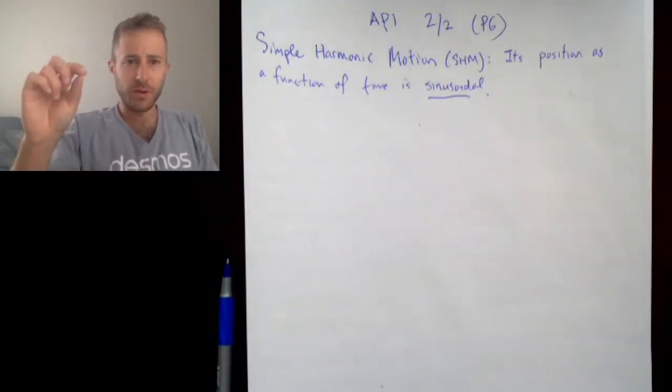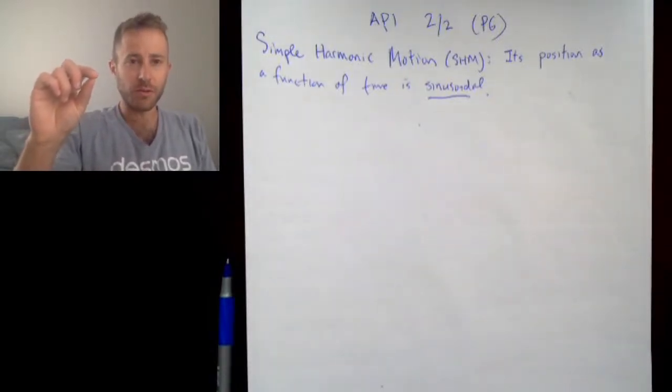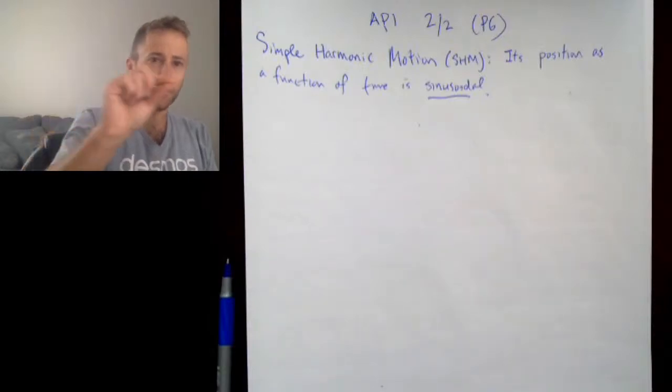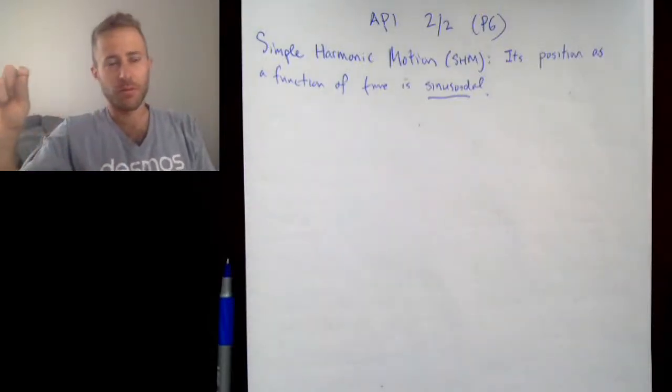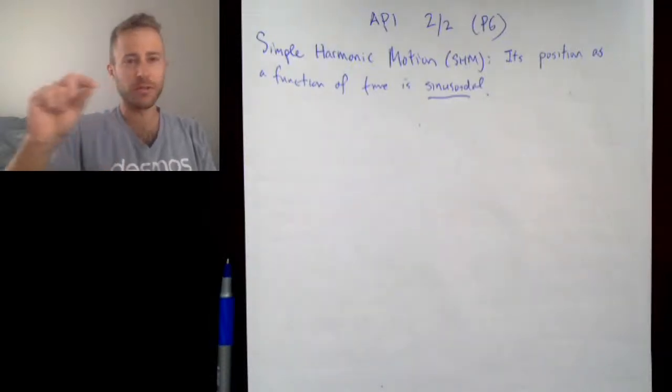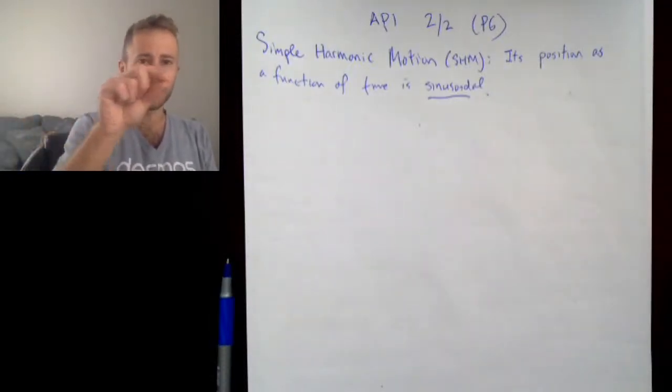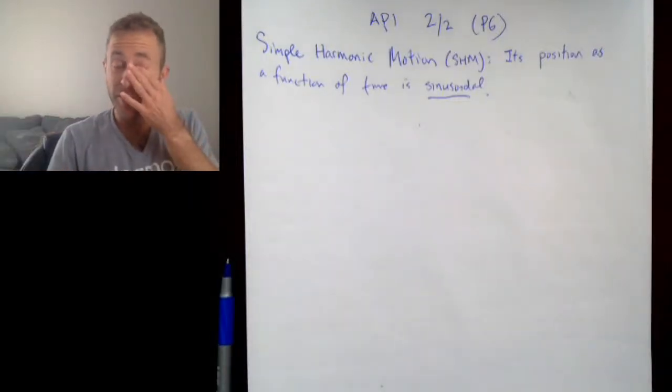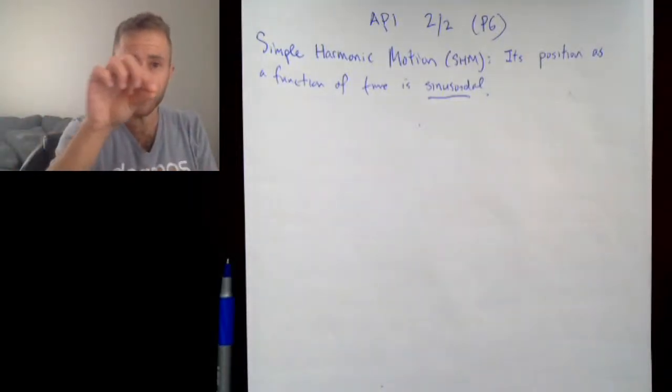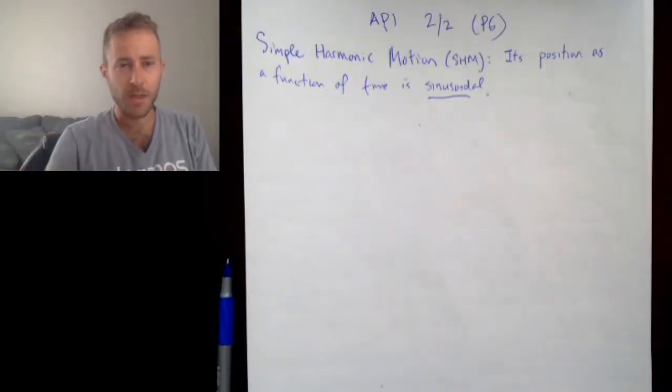So what that means, if you have horizontal simple harmonic motion, you have something that's going back and forth. This is horizontal simple harmonic motion. Okay, back and forth. So, for example, a pendulum undergoes horizontal simple harmonic motion.